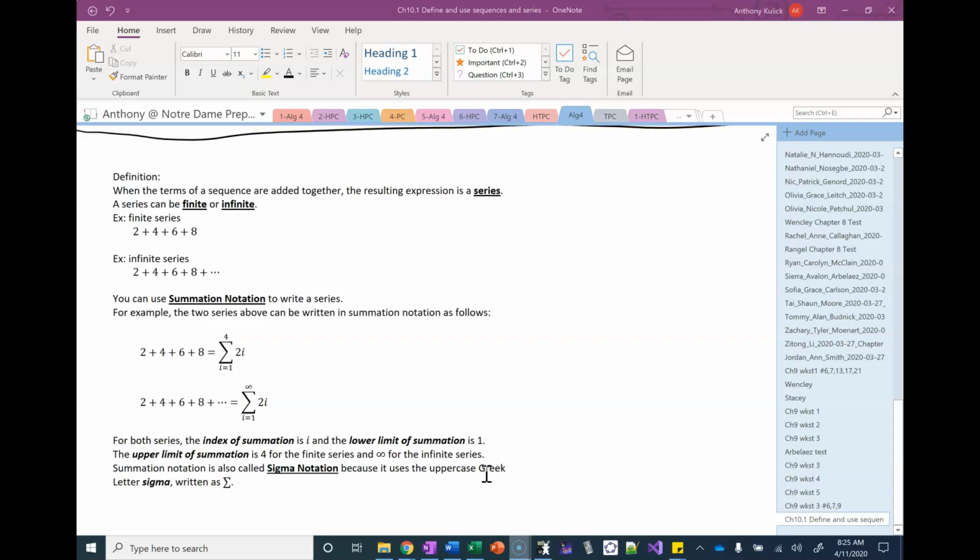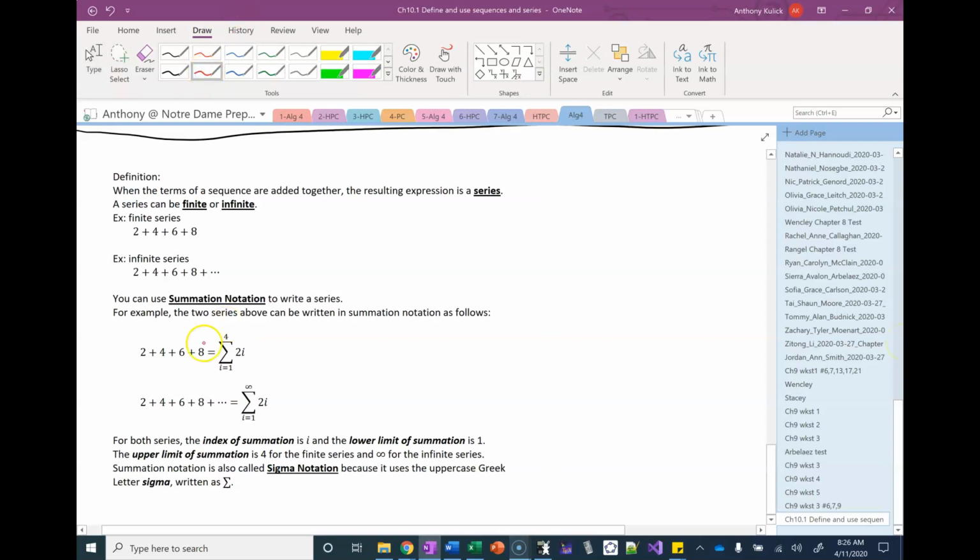One way that we can more compactly write a finite or infinite series is with something called summation notation. So for example, the finite series 2 plus 4 plus 6 plus 8 can be represented with this set of symbols here. So this big E looking symbol is the Greek letter sigma.